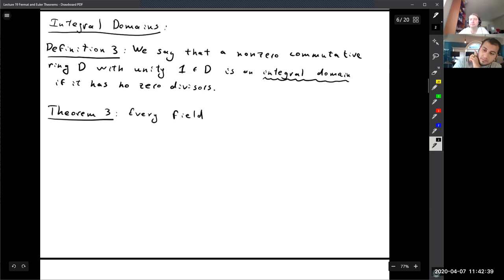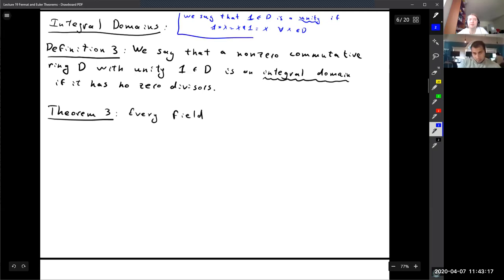Professor, what does unity 1 mean? We say that 1 belonging to D is a unity if 1 multiplied by x equals x multiplied by 1 equals x for all x in D. That's what we meant by unity.